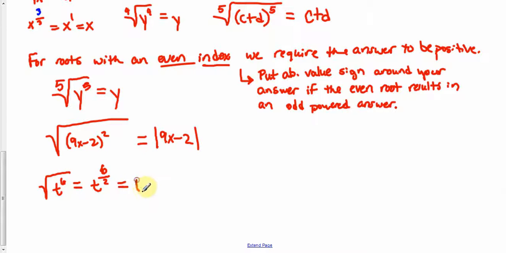So the answer is t to the 3rd. That is actually a rule for rational exponents that we're going to get later in the chapter, but I think it's handy just to go ahead and start teaching it here. It doesn't require you to make any guesswork on it. Now, I had an even root, a square root, and I got an odd powered answer, didn't I? So you have to put bars around this.